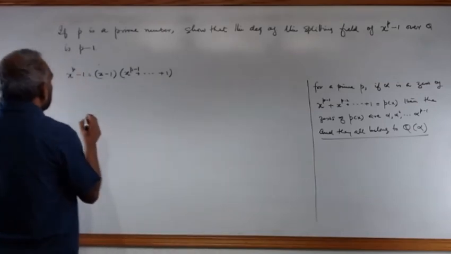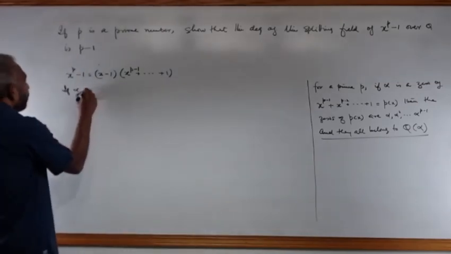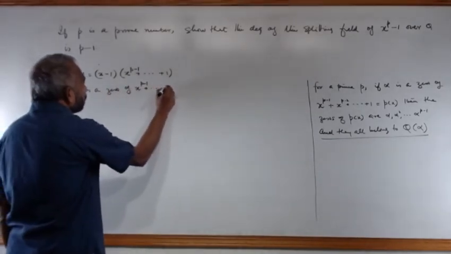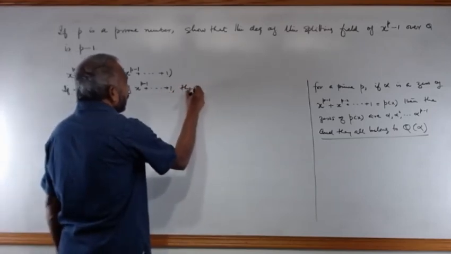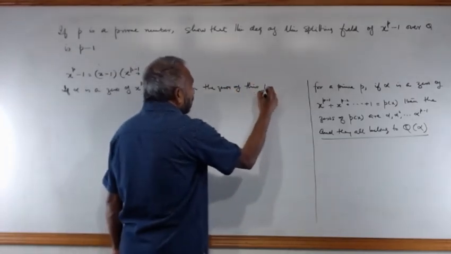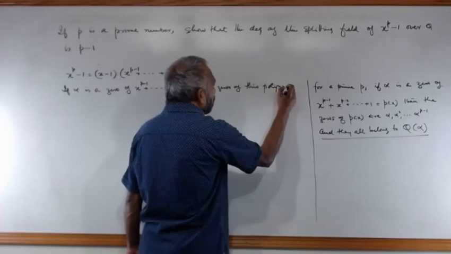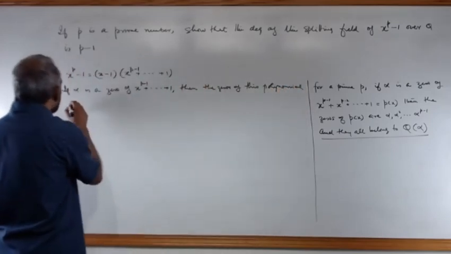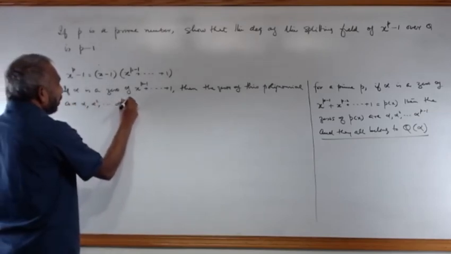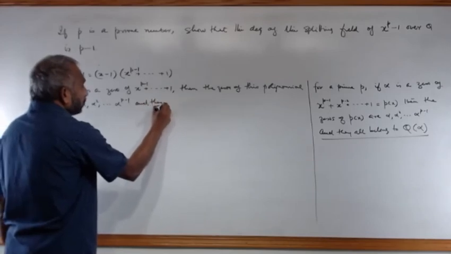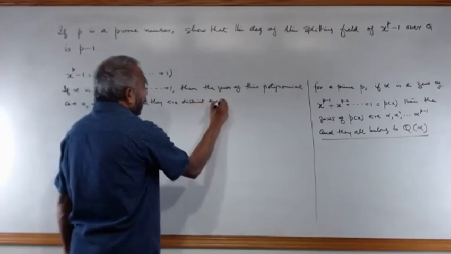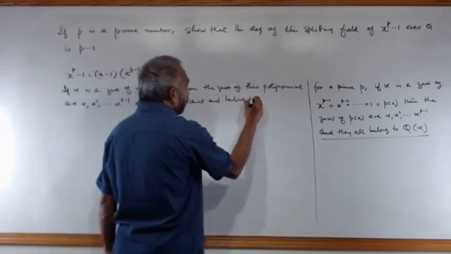And with that result, we know that if alpha is a zero of x to the power of p minus 1 plus through plus 1, then the zeros of this polynomial are alpha, alpha square, through alpha to the power of p minus 1, and they are distinct also, and belong to Q of alpha.